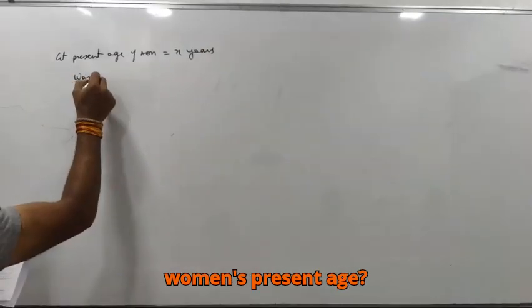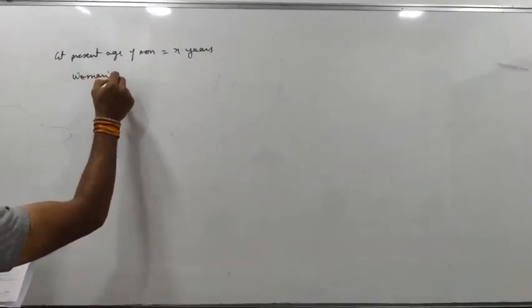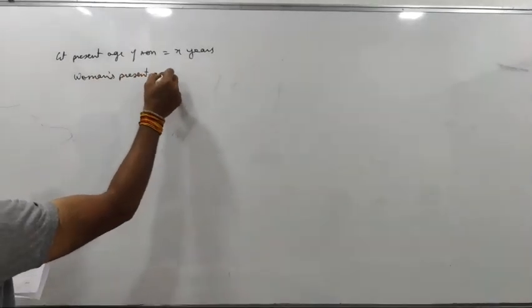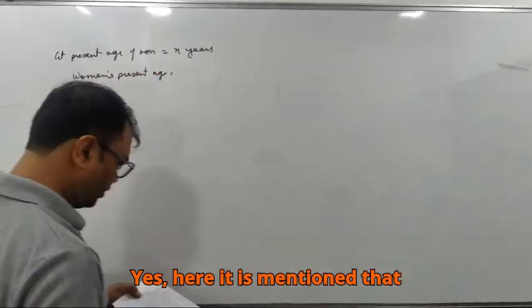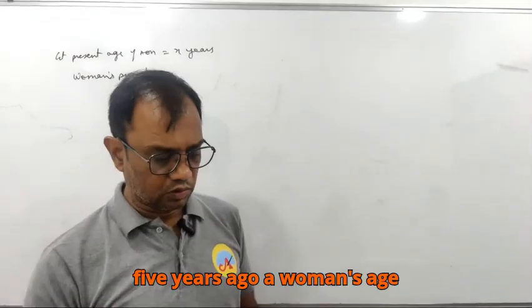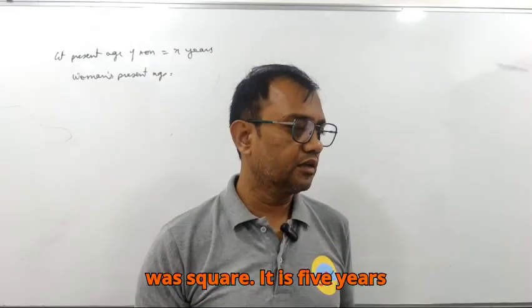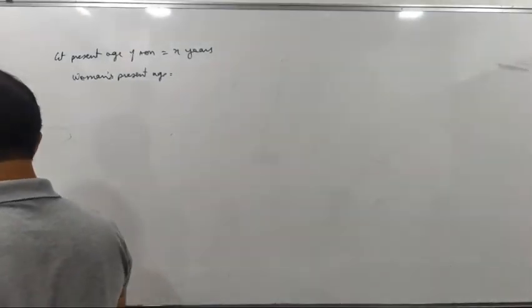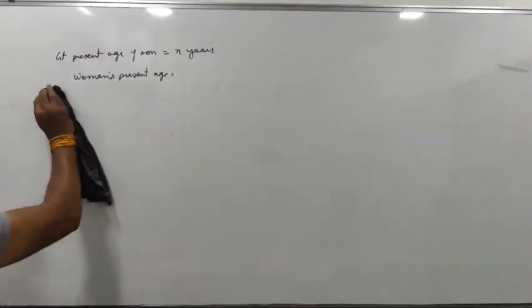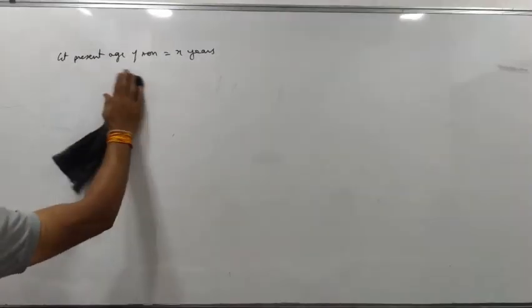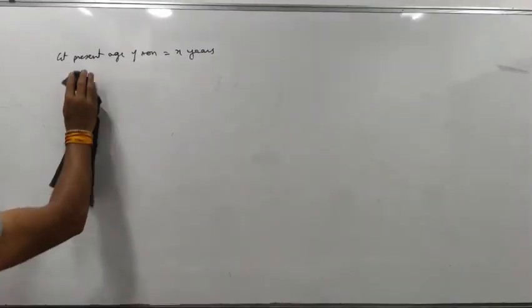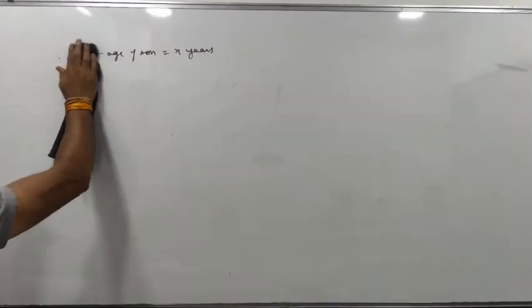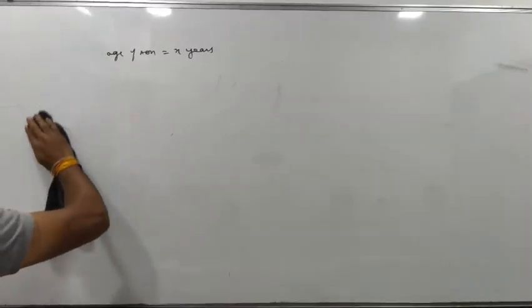What will be the woman's present age? x square. Here it is mentioned that 5 years ago a woman's age was the square. We cannot find the woman's present age directly, because this age will be 5 years ago.